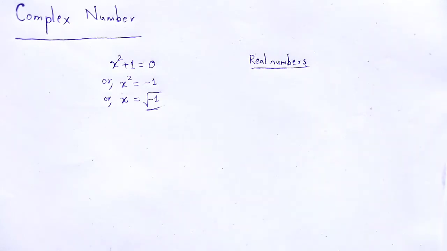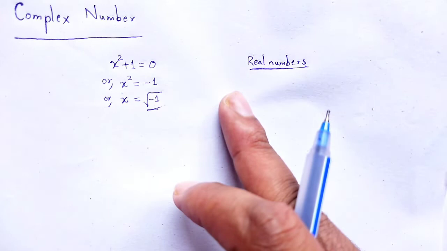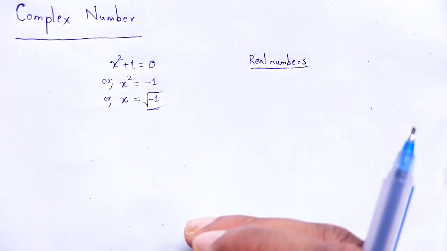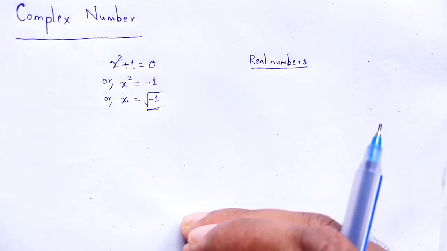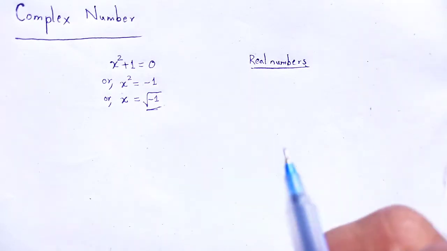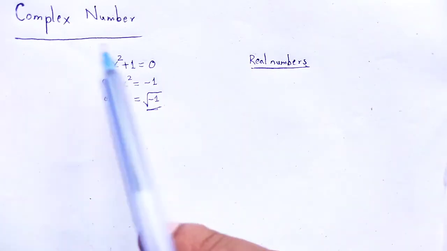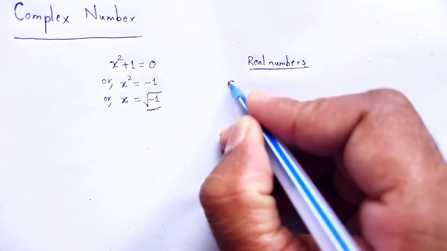So, there is a necessity to introduce a new type of number system. Therefore, a new type of number system is introduced, named the complex number system.